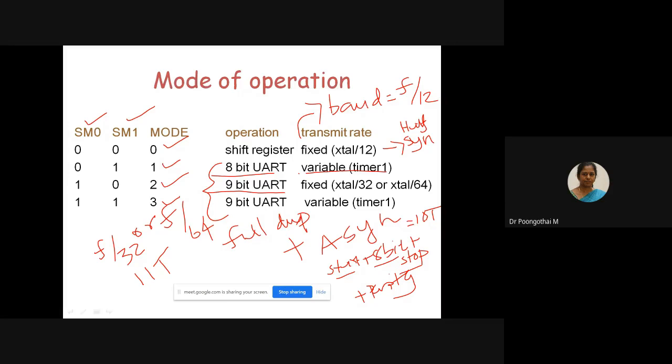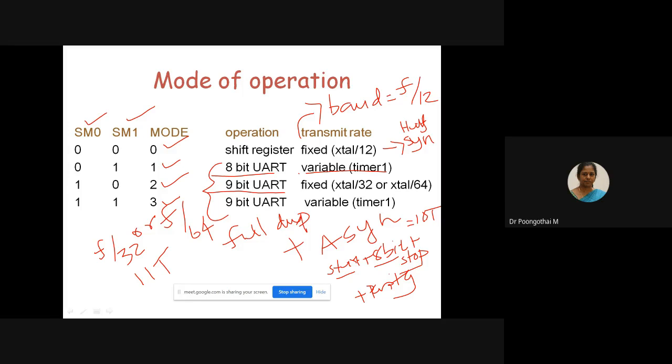And the next one is another 9-bit UART mode, similar to mode 1. Here the baud rate is variable. So we have 4 modes. One is the shift register mode. The second is the 8-bit UART mode with variable timer. The third is the 9-bit UART mode, where the baud rate is either XTAL divided by 32 or XTAL divided by 64.